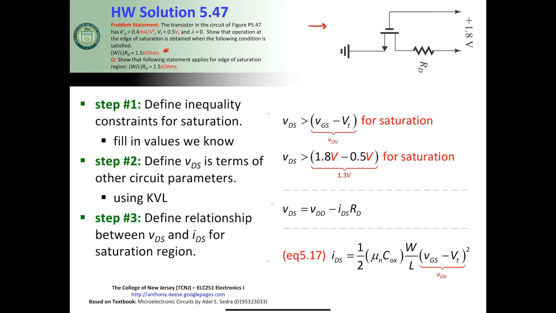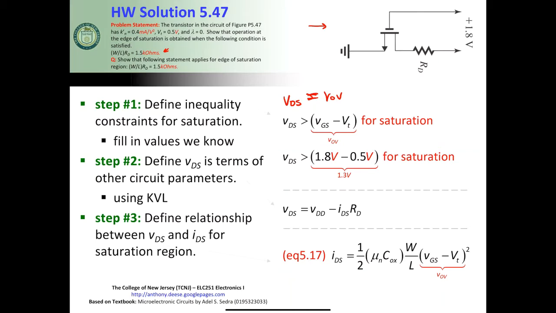Step number 1. We define the inequality constraint for the edge of saturation, which we know all too well by this point. VDS is greater than, or actually we're looking at the edge, so it would be equal to VOV. Let's fill in the values that we know. We know what VGS is.